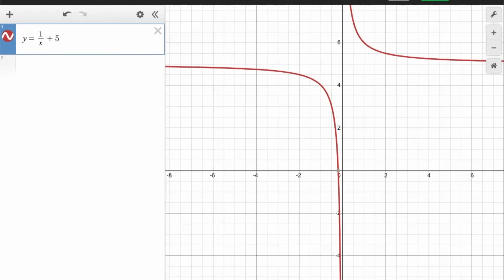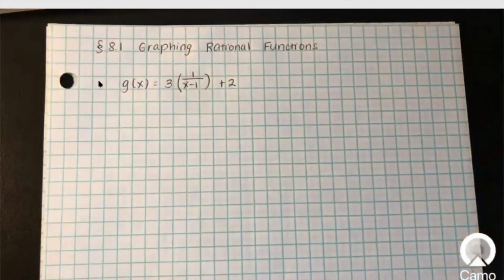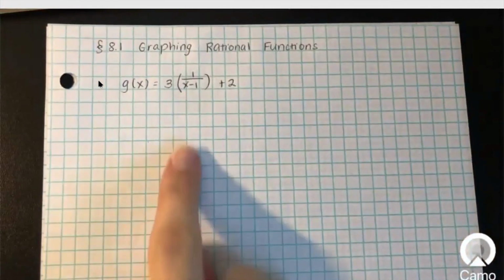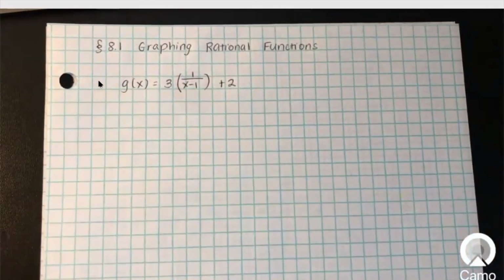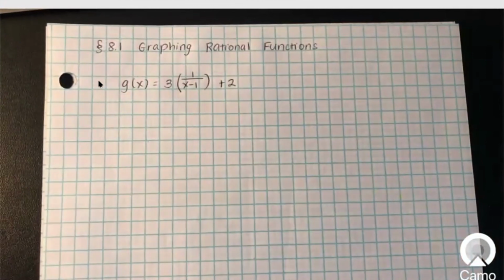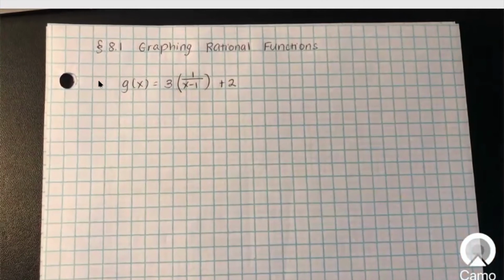So let's go ahead and look at an example in our notes, and we'll graph one together. So here we have g of x is 3 times 1 over x minus 1 plus 2. So the first thing we notice is that we have a vertical and horizontal asymptote, and we can tell that our function has moved a little bit. So we're no longer centered at the origin like we are with our parent function.